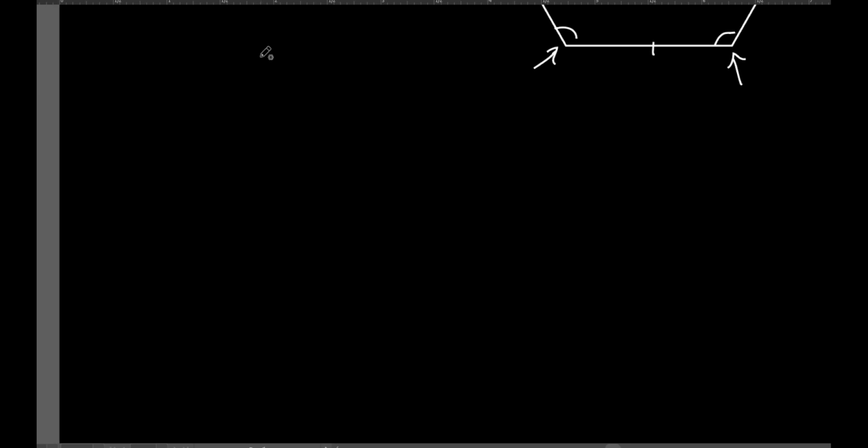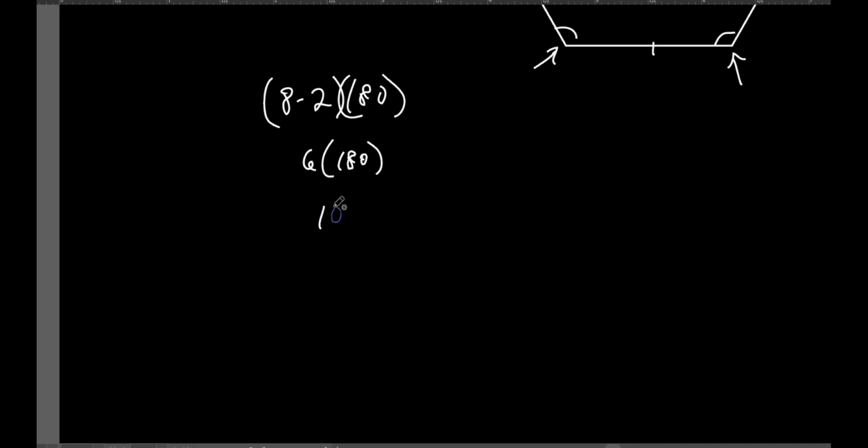So what if I asked, real quick, a stop sign. Let's say you pull up to a stop sign, you have a little protractor, and you want to find the angle that the sides of the stop sign make. Let's do this real quick. So what do you go? 8 minus 2 times 180. All right, and what do you get? You get 6 times 180. I think that's 1080, right?